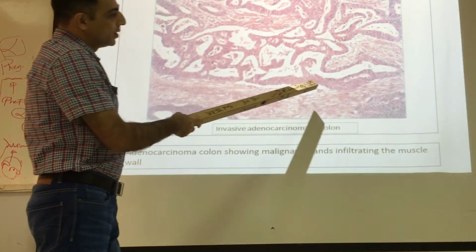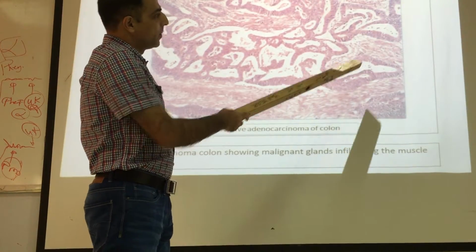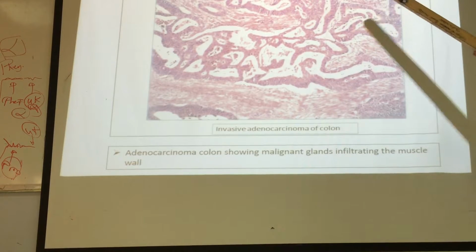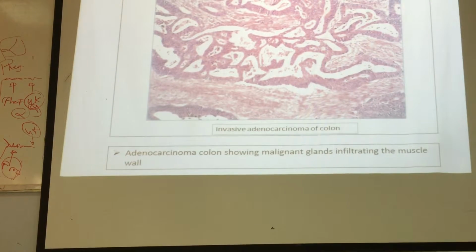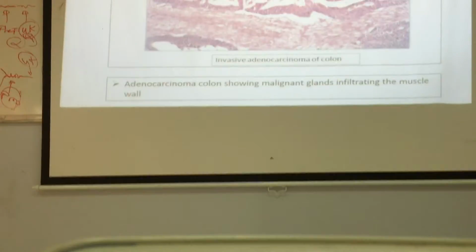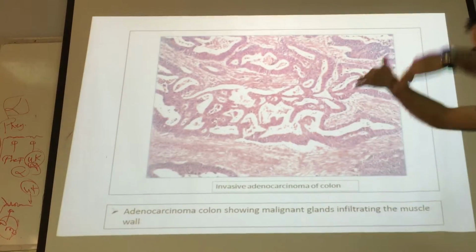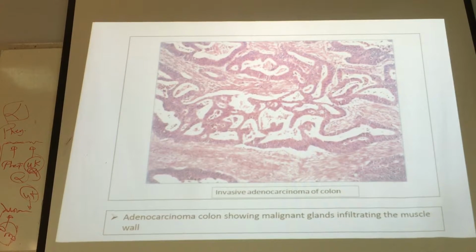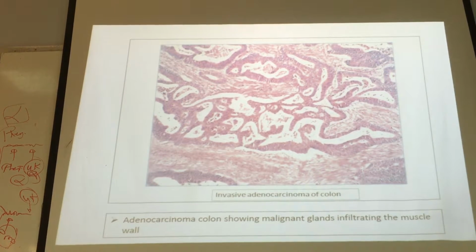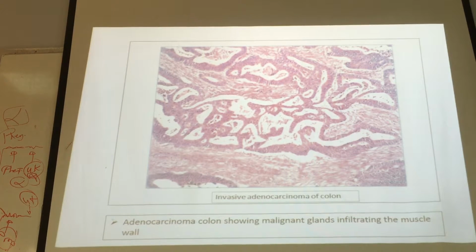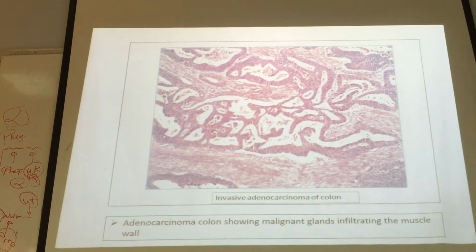You can see the proliferation of cells also, and here more proliferation. So this is adenocarcinoma of the colon, showing malignant glands infiltrating the muscle wall. This is how it will spread. From the mucosa, the glands will arise, become malignant, go deep, penetrate the muscle, and then spread beyond the muscle. Clear?